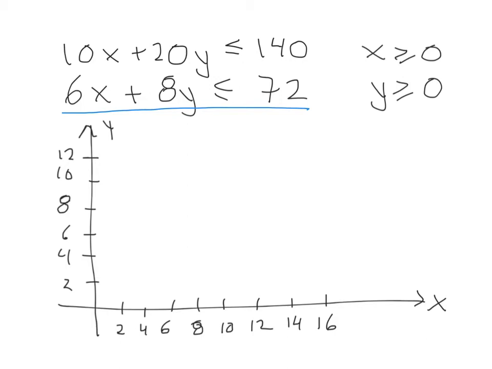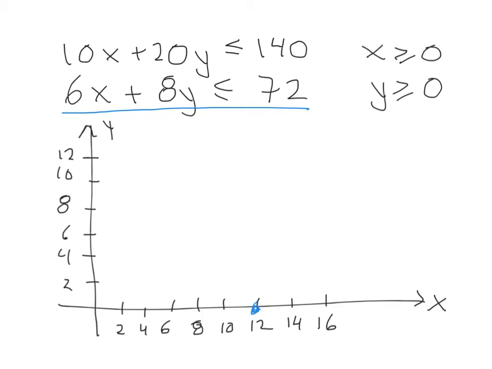If we look for the x-intercept here, we set y equal to 0, so we're talking about 6x equals 72. Dividing both sides by 6, we get x equals 12. So we've got our x-intercept at x equals 12.